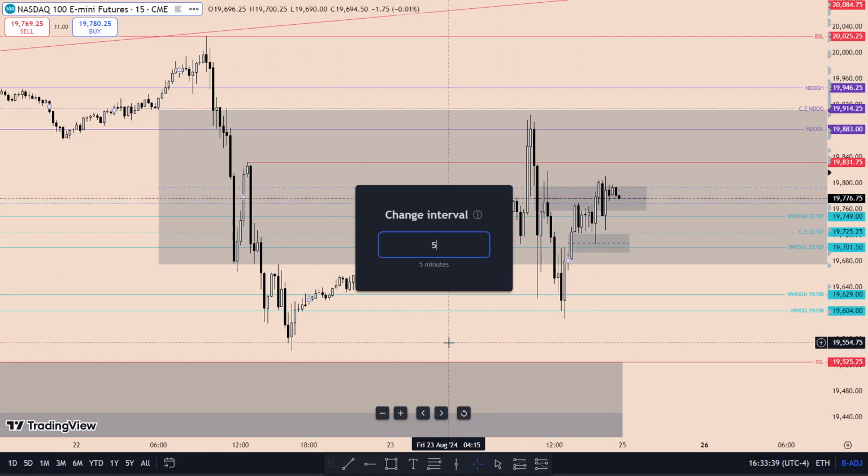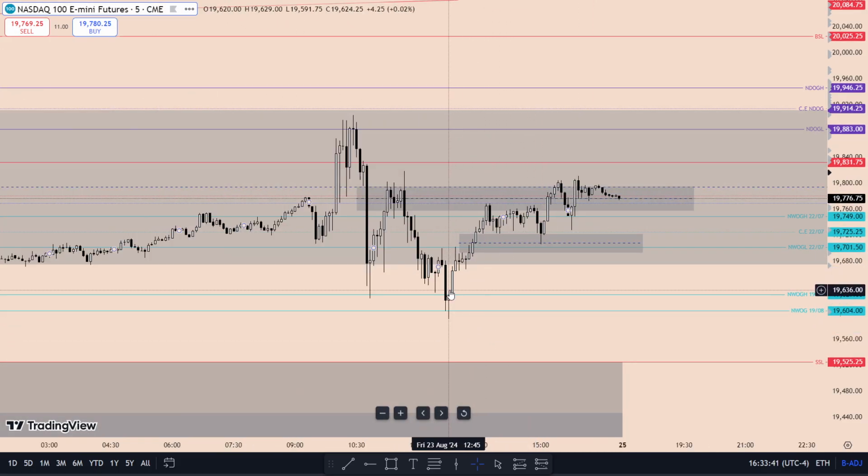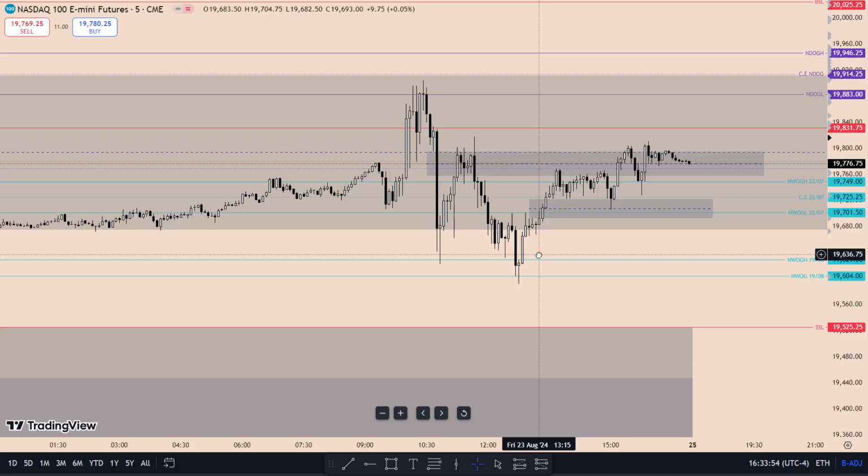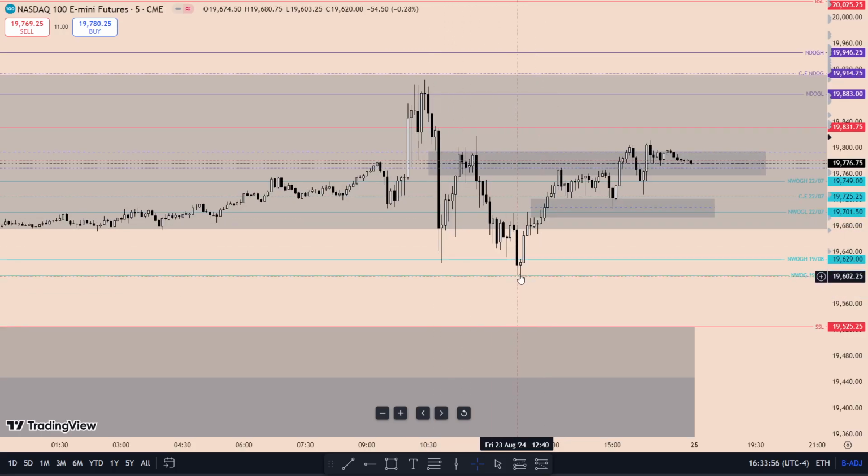And then if we drop down to the 5-minute chart, we've got the same formation here. I can't remember what it's called, but I just know that this formation draws price back into it to consolidate it or to use it as a springboard to take liquidity under or above, depending which direction this is facing.